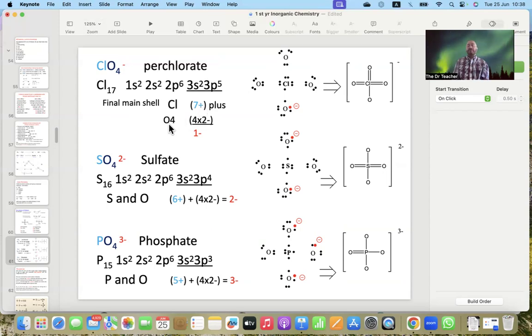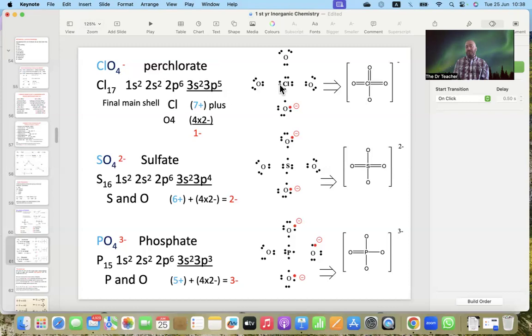And now oxygen, 4 oxygens, 1, 2, 3, 4 times -2. The original oxidation state of the oxygen is -2. So here we have -2 times 4, which is -8. So -8 plus 7, because all these 7 electrons are involved in bonding.